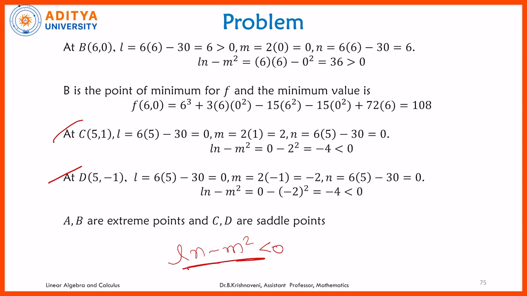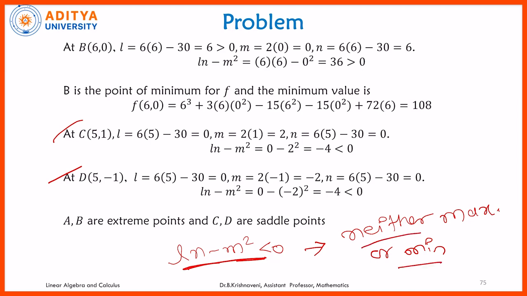Whenever we get this, it means that at those points the function has neither maximum nor minimum. So whenever ln minus m square is less than 0 at a point, we call that point a point at which the function has neither maximum nor minimum.